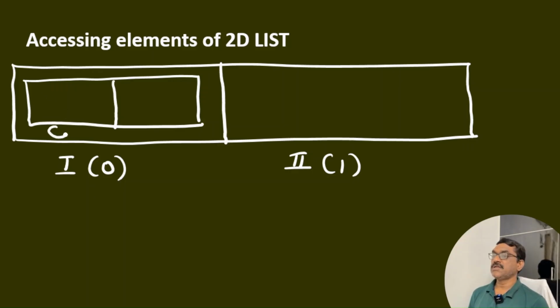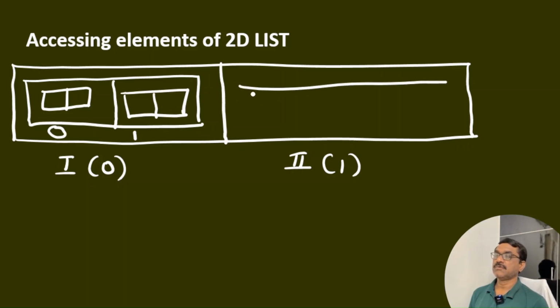Okay, this is 0 and this is 1. In the first part, internal 0, we again have two parts. In the second part, again we have two parts, and here we have a list which consists of two parts.